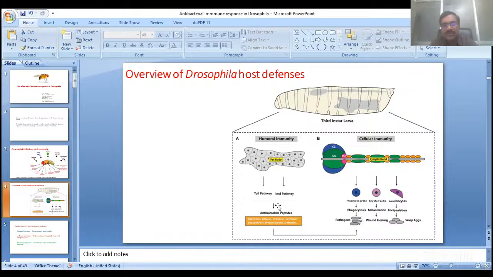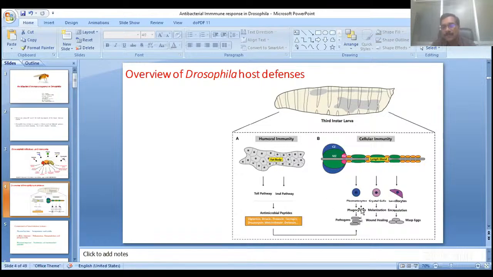They are produced by two different pathways, the Toll pathway and the IMD pathway. These two pathways are involved in eliciting the immune response against pathogens like bacteria. And we have what is called the lymph gland in the larva, which is responsible for cellular immunity, which involves different cells like plasmatocytes, crystal cells, and lamellocytes.